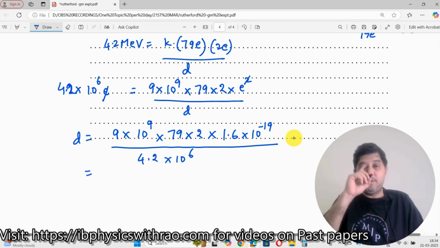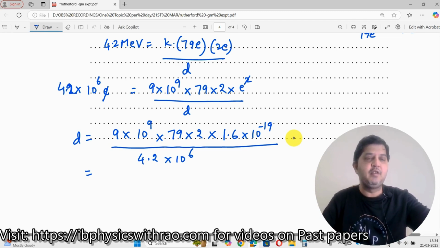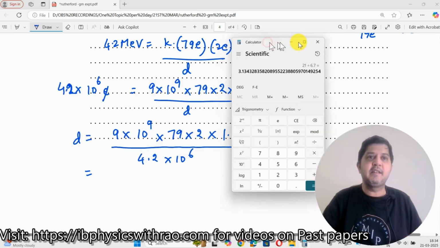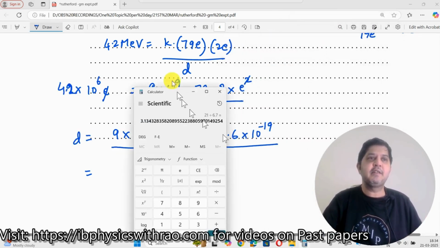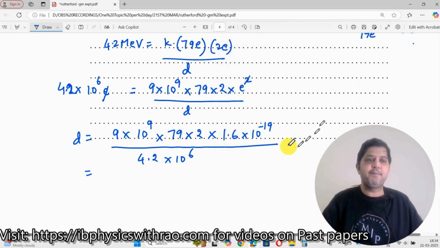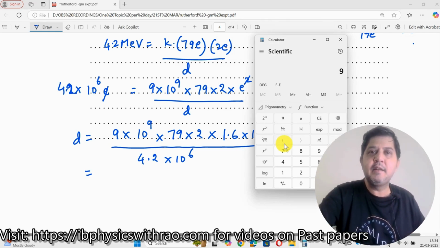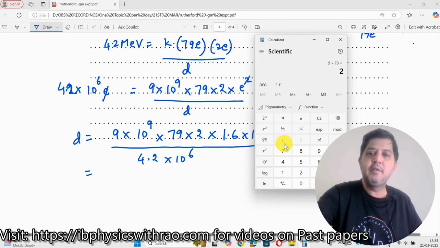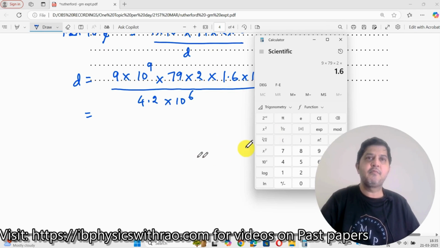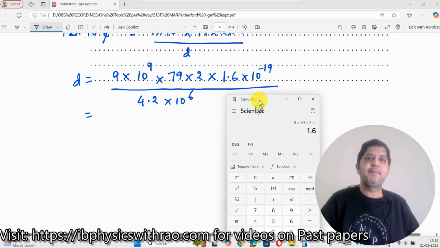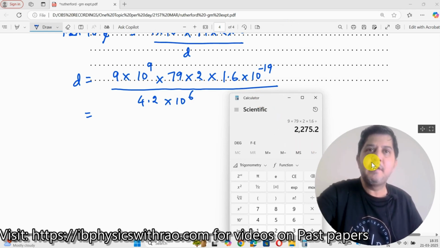Now let us do the math over here, and whatever is the answer, that gives the value of d. Now we have 9 multiplied by 79 multiplied by 2 multiplied by 1.6 divided by 4.2.